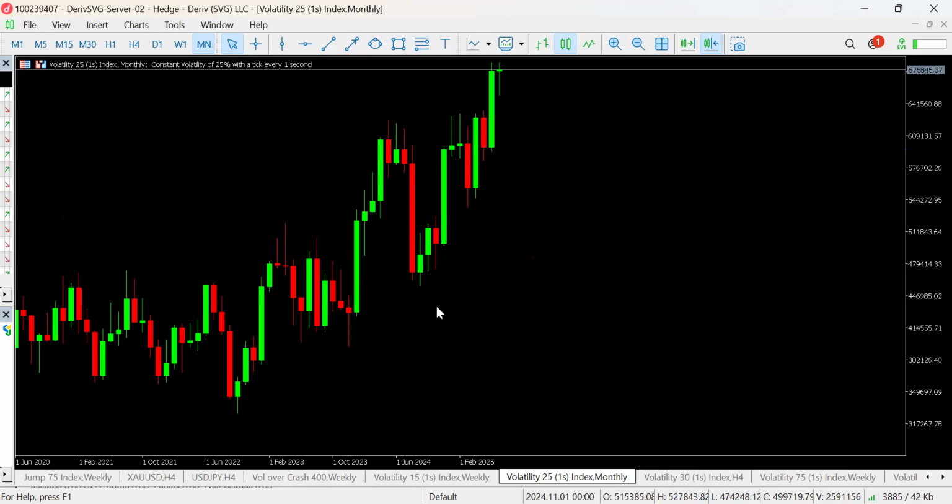Now, this is quite obvious that this index has been on a bullish run for a very long time and there is still much more there. Now, how do we mean? Just for those of us that do not know how we got to that conclusion, we can see that this index ranged for a while.